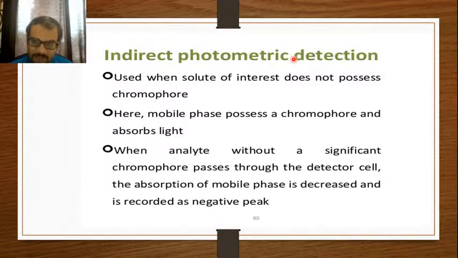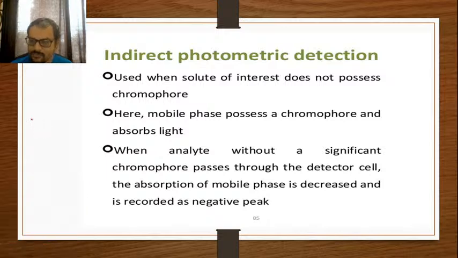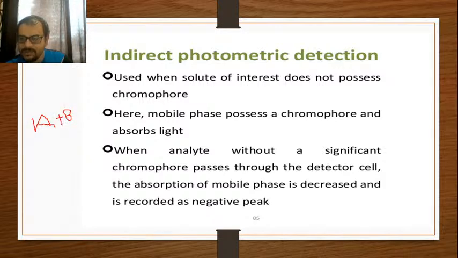Apart from indirect photometric detection, there is one spectroscopic method called the derivative spectroscopic method, in which you convert your solute by chemical treatment into another component. Suppose A is a compound which gets resolved out of the HPLC. You treat it with a chromophore B which shows absorbance at UV.